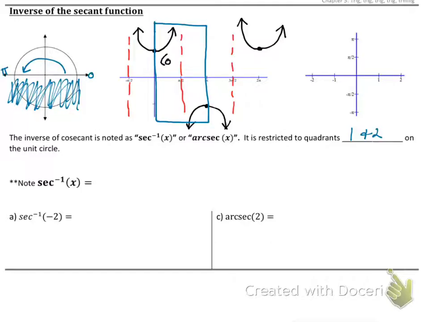We can grab the point 0, 1, and I can also grab the point pi, negative 1. The reciprocal is x and y flipped, so rather than 0, 1, I'm going to have 1, 0. And instead of pi, negative 1, I'm going to go negative 1, pi.